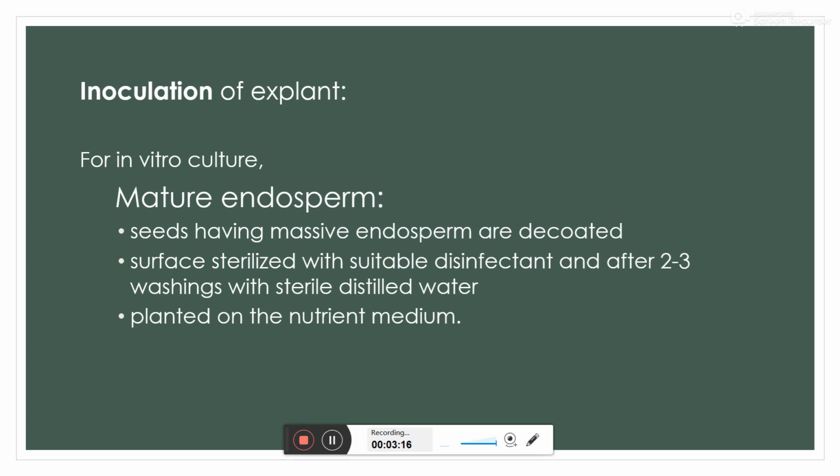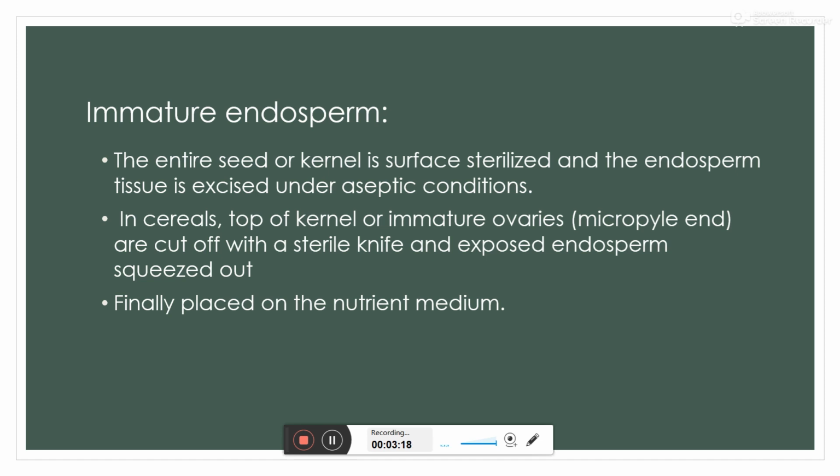Now, in the case of immature endosperm, sometimes the entire seed or kernel, that is the outside surface, is sterilized and the endosperm tissue is extracted under aseptic conditions. This is similar to the matured one. In cereals, the top of the kernel or immature ovaries have to be removed with a sterile knife, and the exposed endosperm is squeezed out.